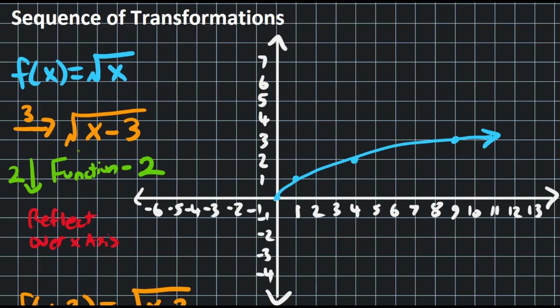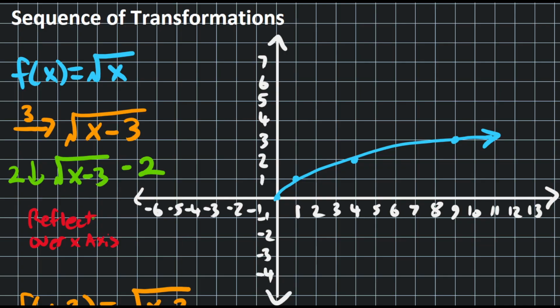So the new function now is radical x minus 3, all within the radical, and then minus 2 outside of the radical.